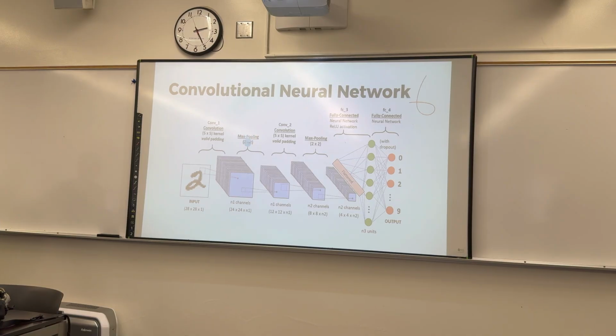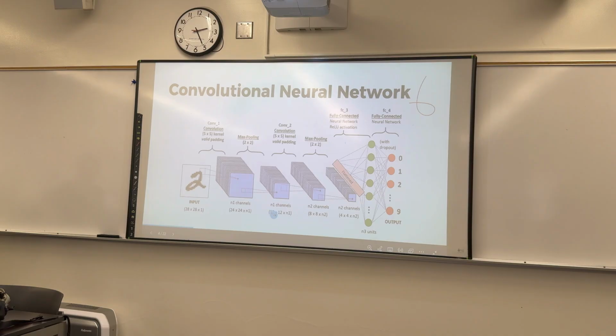Pooling is always a method of reducing the size of this to this. So this is 24 by 24. This is 12 by 12. And we're still keeping the N1 and the N1 here, so the number of channels from this part to this part is the same. All we're doing is shaving off this 24 to this 12, cutting it in half, essentially.